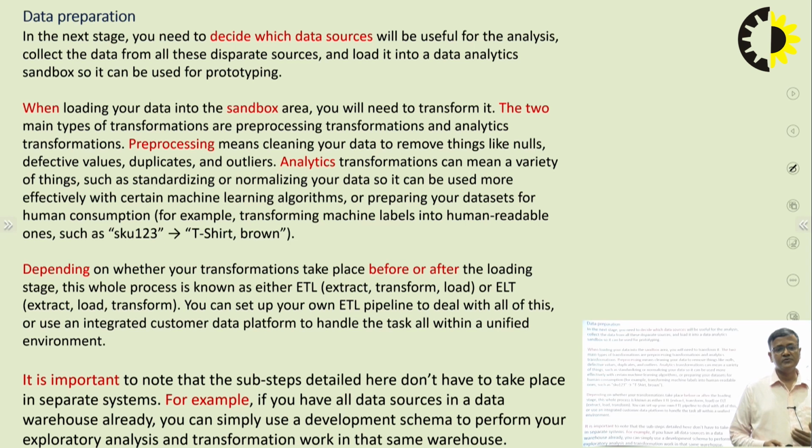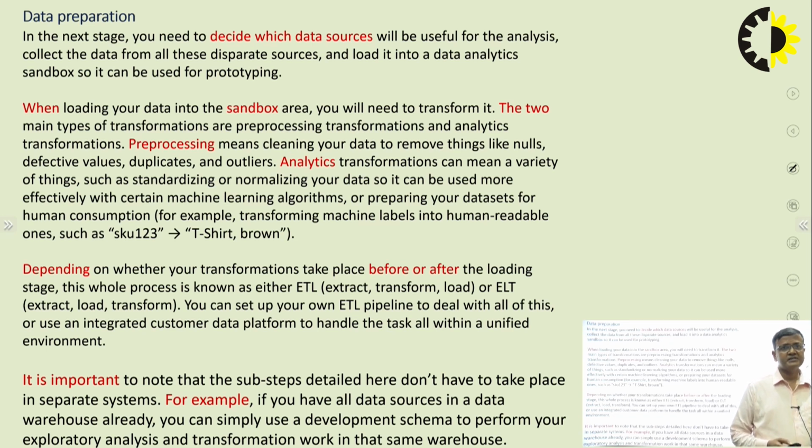You have to move towards making it more and more structured, so that you are able to extract more and more meaning from the data. The two main types of transformations are pre-processing transformations and analytics transformations. Pre-processing means cleaning your data to remove things like nulls, defective values, duplicates, and outliers.